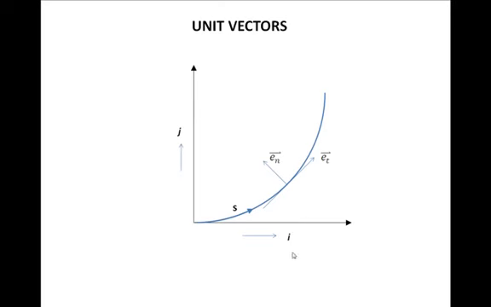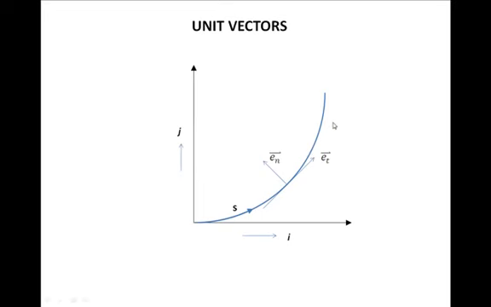Now you see, the unit vector i is a constant vector, meaning its magnitude is 1 and direction is always along the x-axis, and so is the case with j, magnitude 1 and direction always along the y-axis. But in the case of Et and En, once the particle moves from here to, let's say, here, the direction of tangent and normal at that point changes.